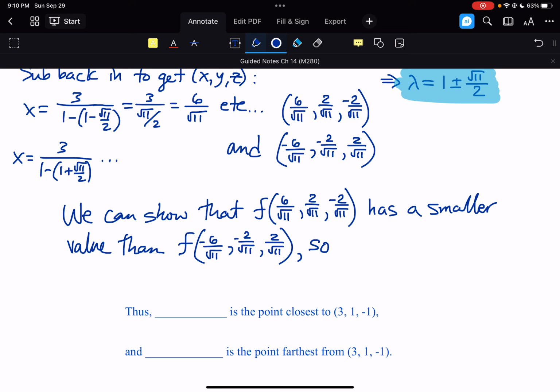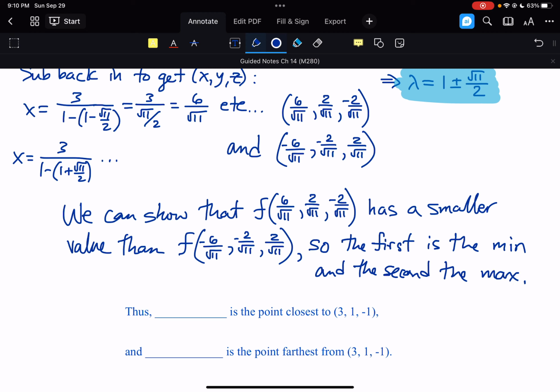So we were trying to maximize and minimize distance. So the first is the min, and the second, the max. So f of this point gives us a smaller value than f of this point. So that means the minimum distance is the first one, the maximum distance is the second one.